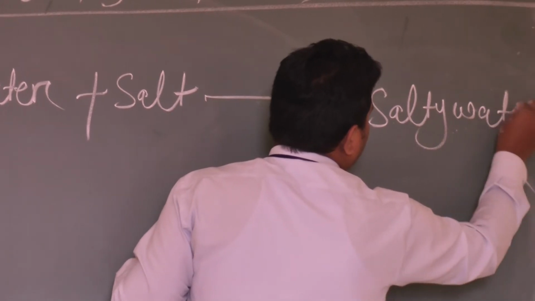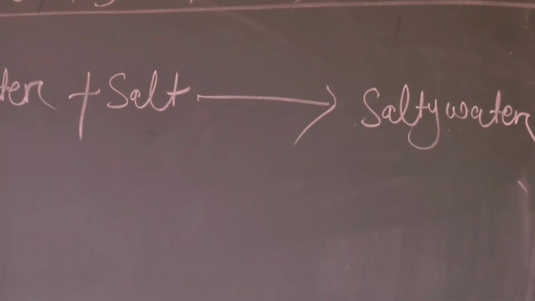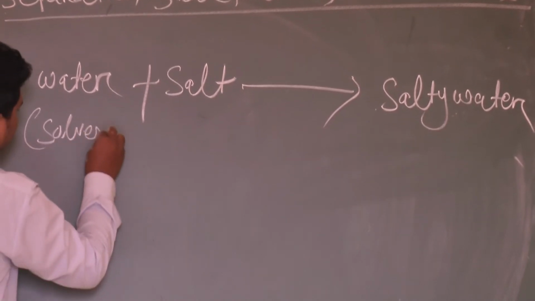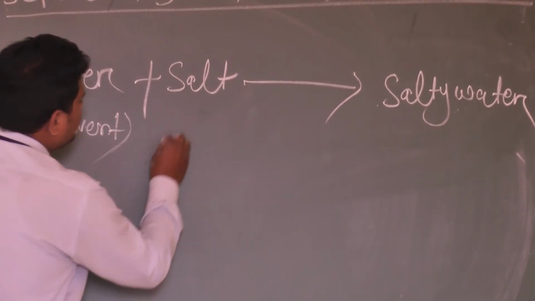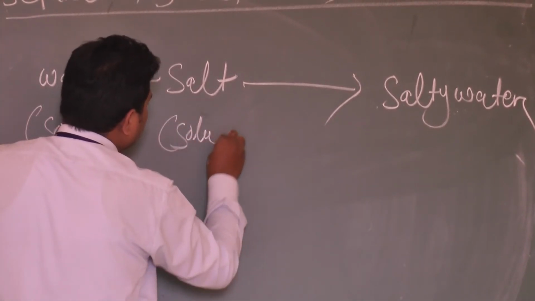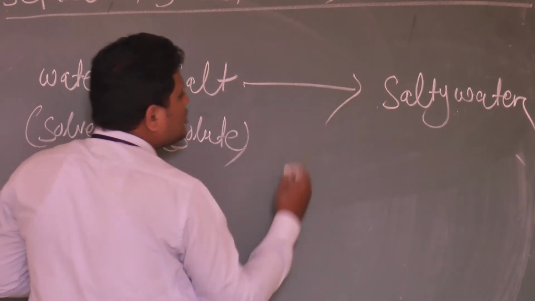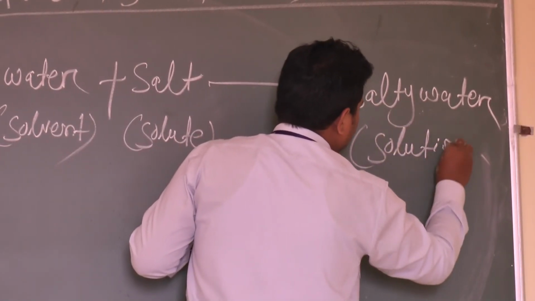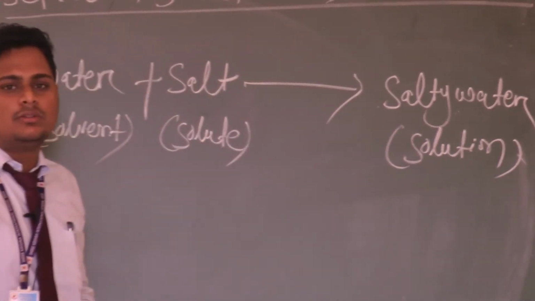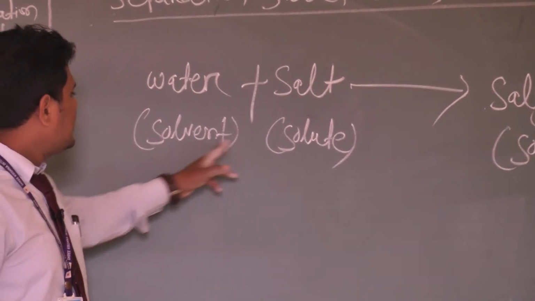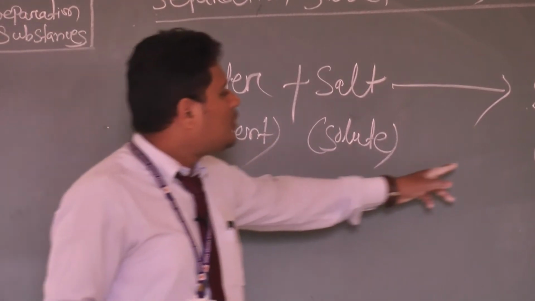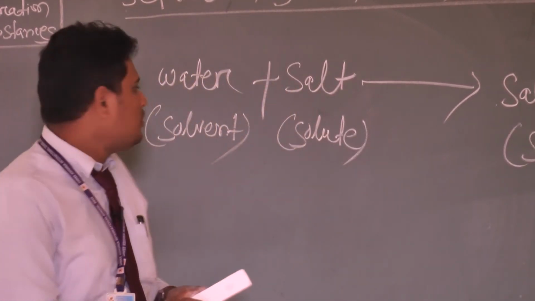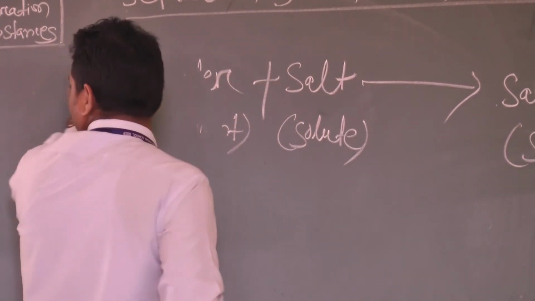Remember, water is known as the solvent, salt is known as the solute, and the new substance formed is known as the solution. When a solvent is mixed with a solute, it forms a new thing known as a solution.